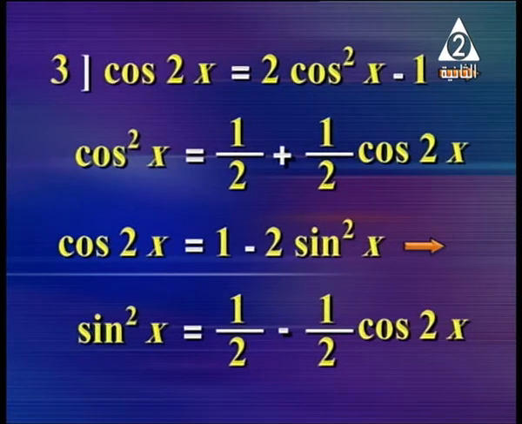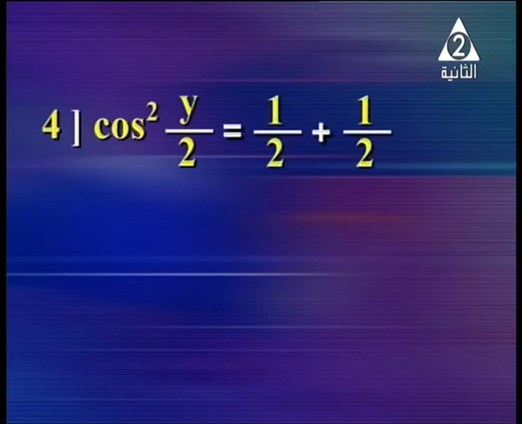Remember, dear student, cosine squared x is half plus half cosine 2x, but sine squared x is half minus half cosine 2x. Likewise, cosine squared y over 2, or half y, equals 1 over 2 plus 1 over 2 cosine y.